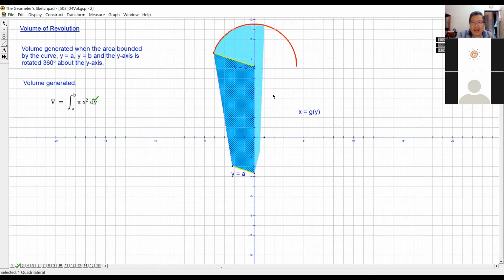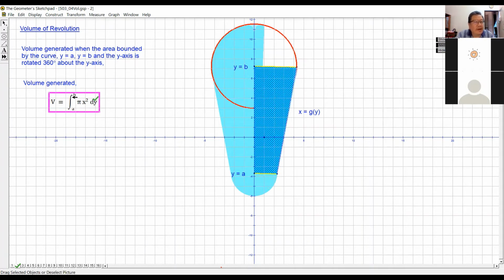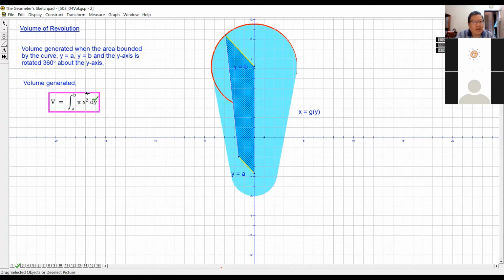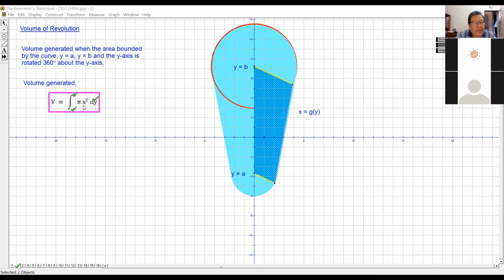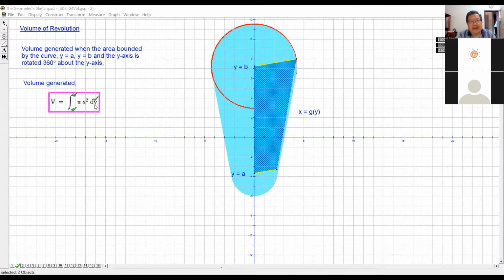So when you rotate the area about the y-axis, the formula is: integrate from x equals a to x equals b, pi x squared dy. At first you start off with x squared, but finally you need to change it to a function of y, and you have to integrate with respect to y.